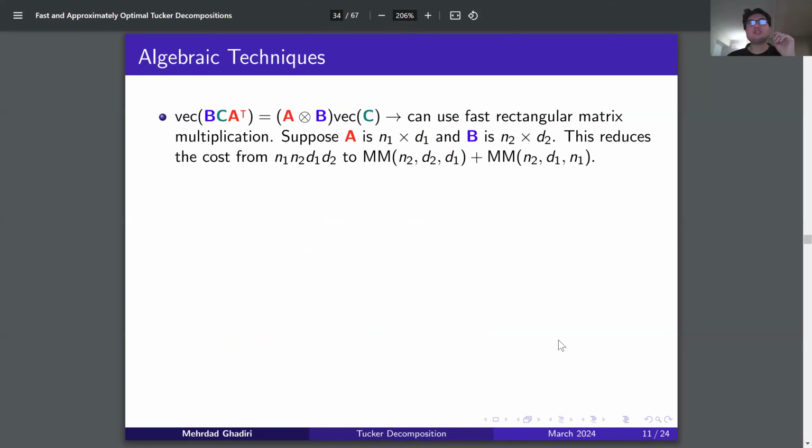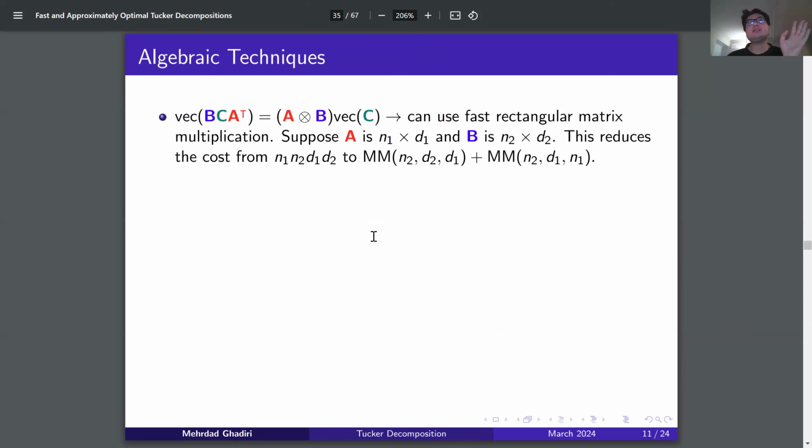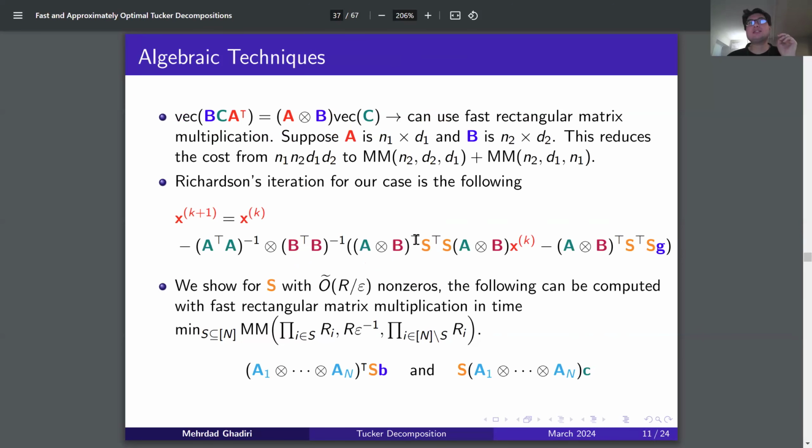To quickly recap: don't invert the gram matrix of the sample matrix, invert the original matrix instead, and then use this sample version of Kronecker product times a vector to multiply faster, and you get an improvement for the simple version.